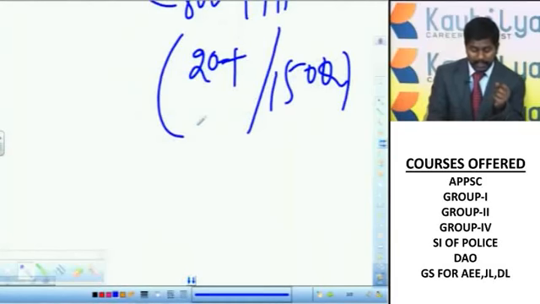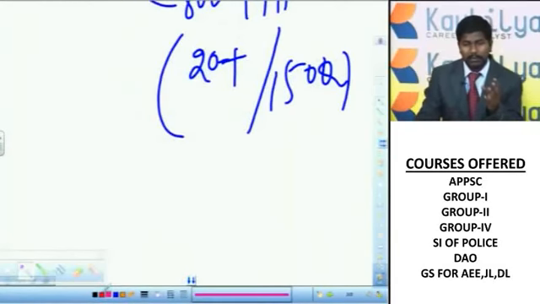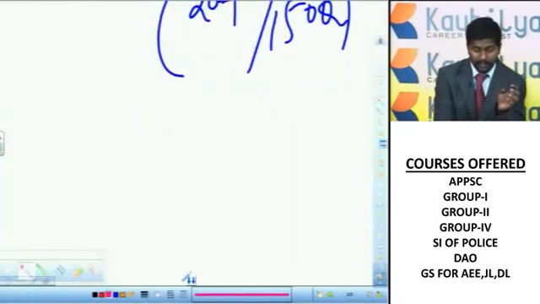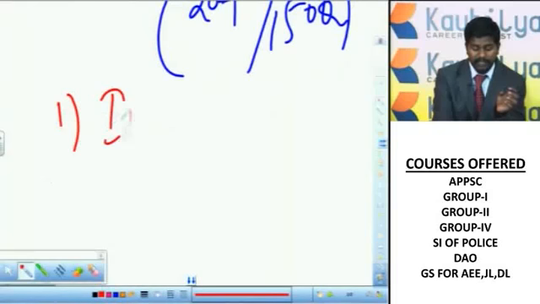Now, of these areas, world physical, economic and social geography, Indian physical, economic and social geography, and AP physical, economic and social geography, from all these chapters you will get a good number of questions from Indian physical geography.